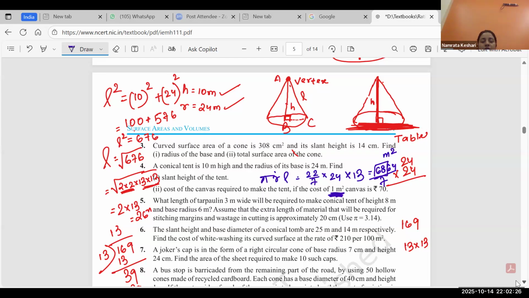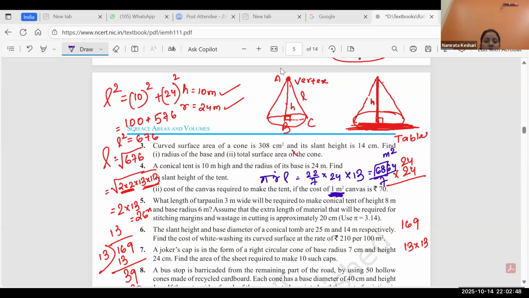Are you done with number 4? Yes or no? Yes, ma'am. Yes, Rayan, are you done? Yes. If you are done, then let's take the next question.